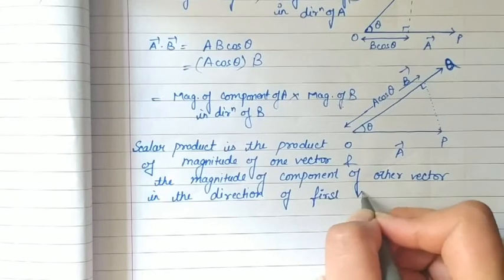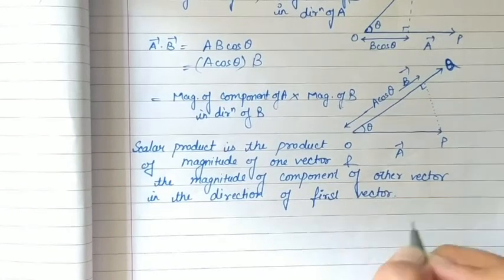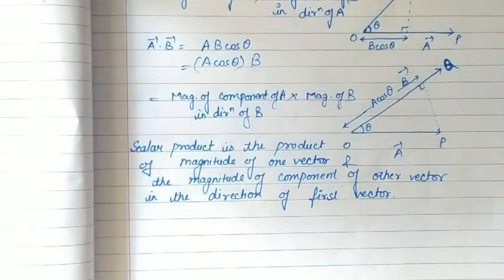This is how we can define a scalar product of two vectors.